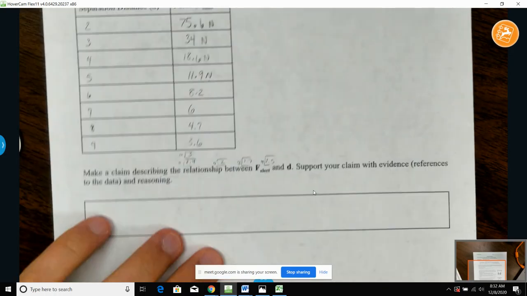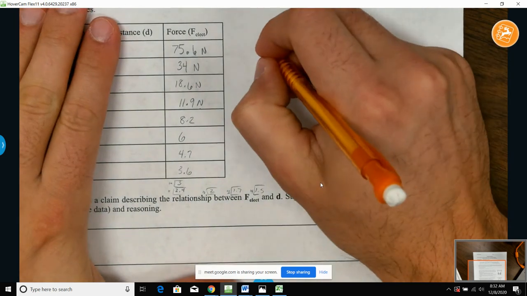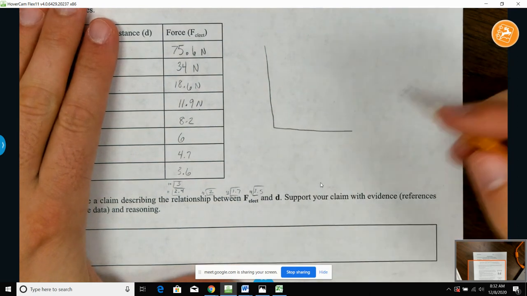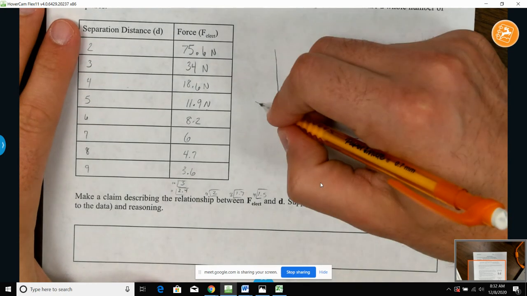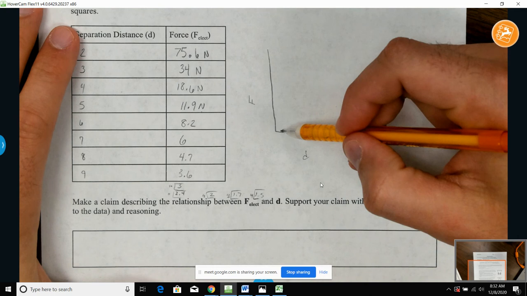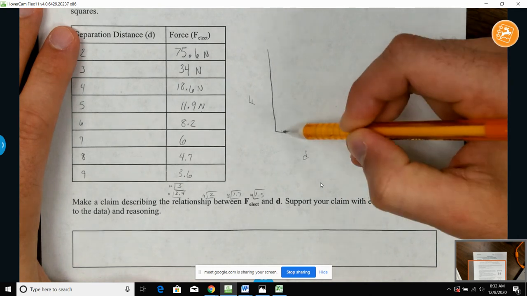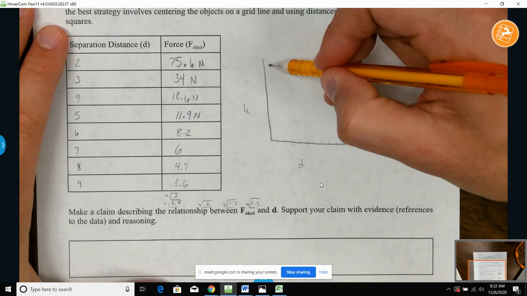So one thing, guys, that was going on here with the separation distance: if you were just to sketch out a short graph, with the distance down here and the force on the y-axis, when the distance between the two charges was very, very close together, you had a very large force.